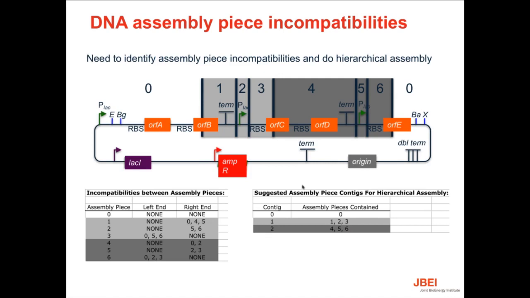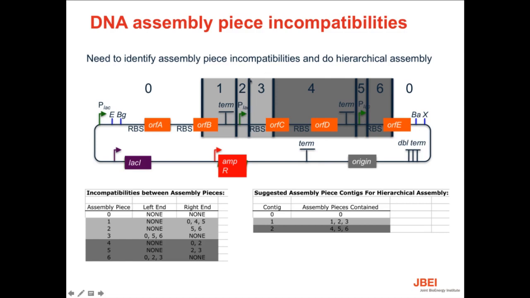So this is a specific example, and we'll talk about it from the aspect of a Gibson assembly or other type of flanking homology method. Let's say that we're trying to put together this particular construct where we have a vector backbone, and then 6 inserts that we want to put together. As you see here, insert number 2 and insert number 5 are the same PLAC promoter.